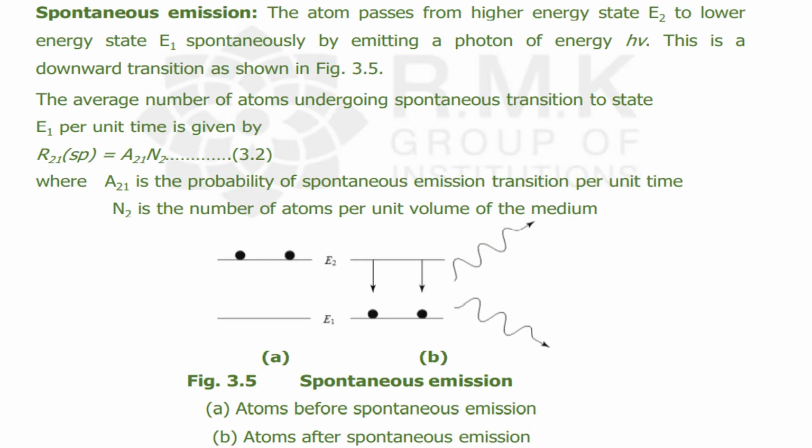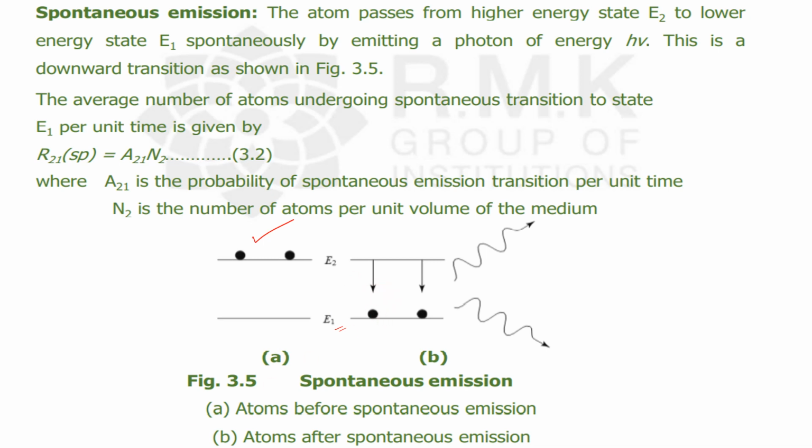Spontaneous emission can be defined as the atoms at the higher energy state returning to the lower energy state E1 spontaneously, without the help of any external triggering photon. It is called spontaneous emission.